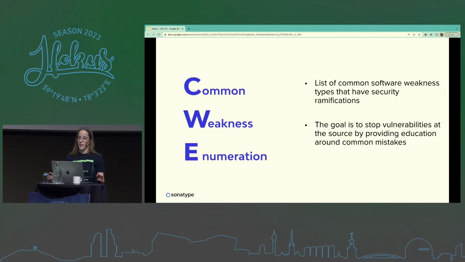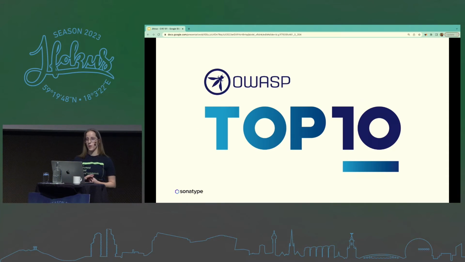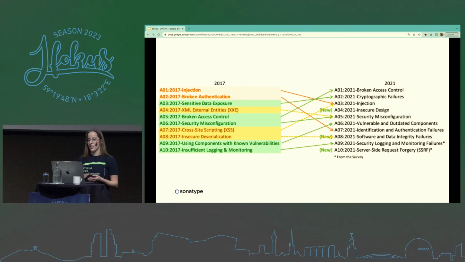So it's there to provide some education to technical professionals of types of vulnerabilities to be aware of. And the most often times that you'll probably see this is in the OWASP top 10, which is the list of the 10 you should be aware of. But awareness is great, but unfortunately the OWASP top 10 has been basically roughly the same for the last 10 or 15 years, so it's clearly not working super well.